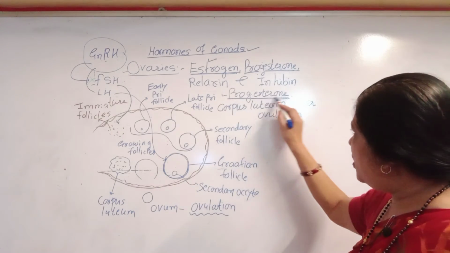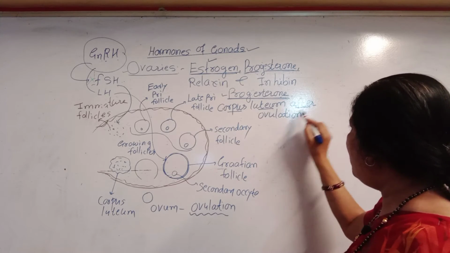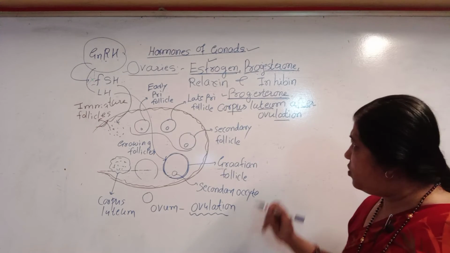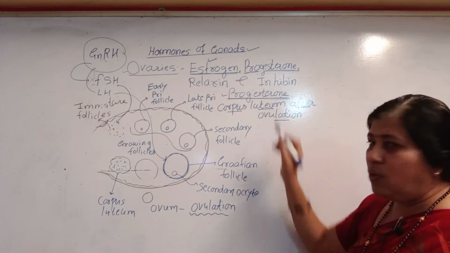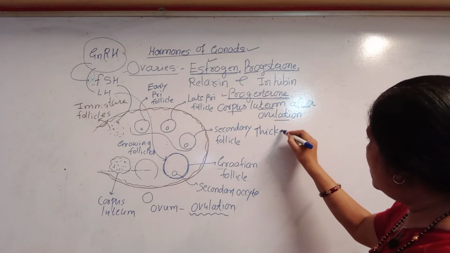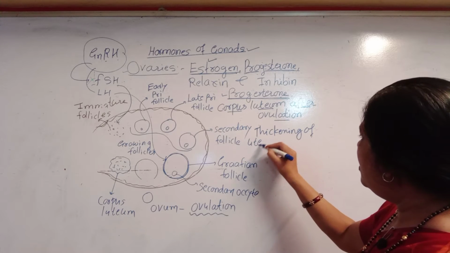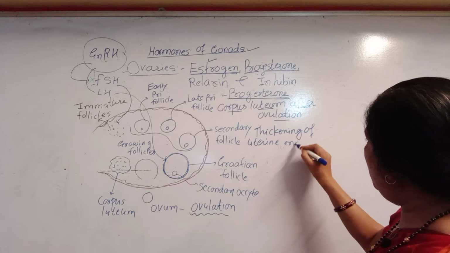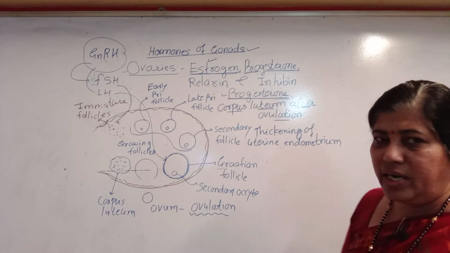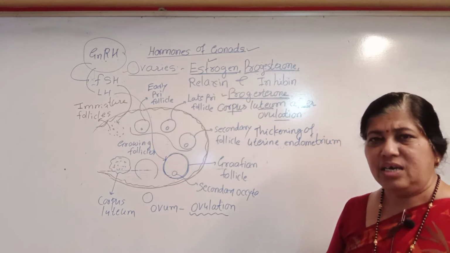And this progesterone hormone is responsible for thickening of uterine endometrium.